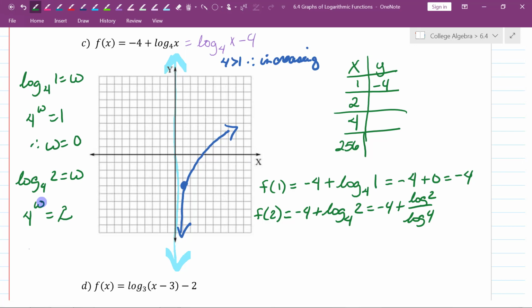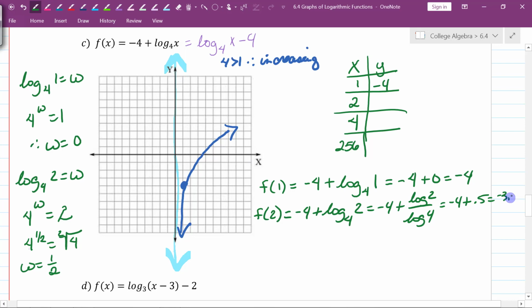So 4 to the 1/2 is the same thing as taking the square root of 4. In that case, w is equal to 1/2, which you could also put in your calculator. So this is negative 4 plus 0.5, which is equal to negative 3.5.